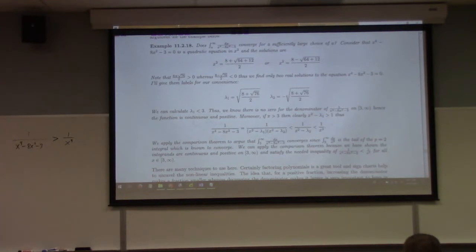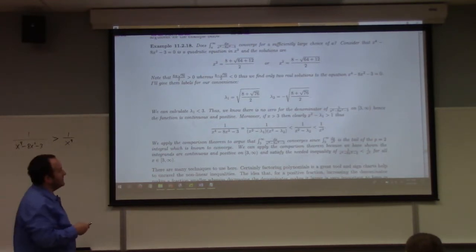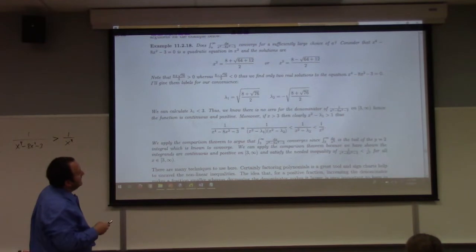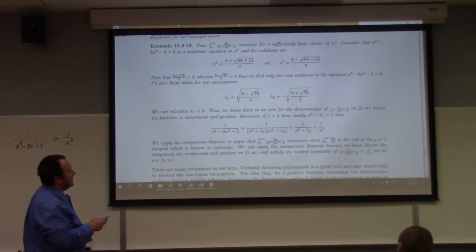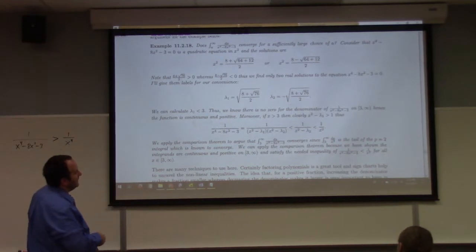So I went to some more sophisticated arguments here. What I did was to find the roots for this quartic by making an x squared substitution, I think. And anyway, they end up being this, so I can factor x to the fourth minus 8x squared minus 3 into x squared minus lambda 1 times x squared minus lambda 2, where lambda 1 and lambda 2 are as above, all right?